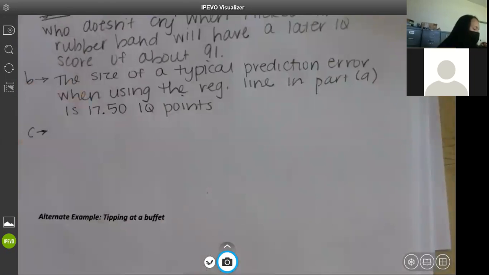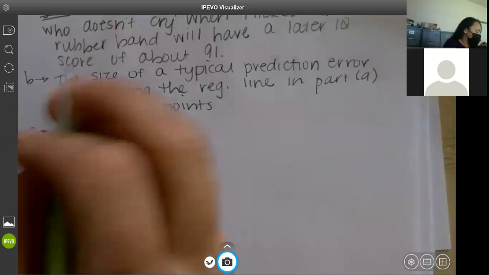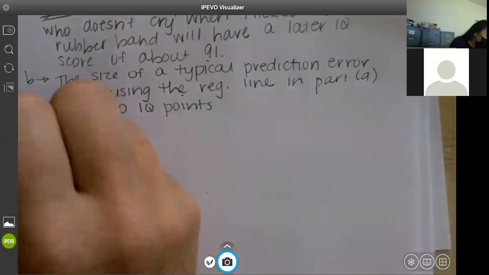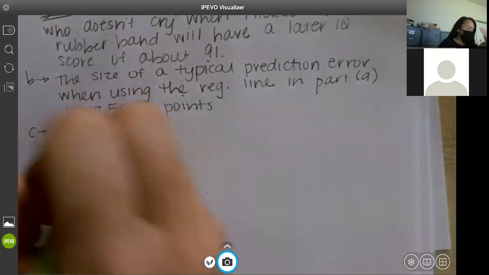C says, do these data provide convincing evidence of a positive linear relationship between crying counts and IQ in the population of infants? So how do we figure that out? If we're doing convincing evidence, what do we have to do? How do we start? State, plan, do, conclude. What's your state?